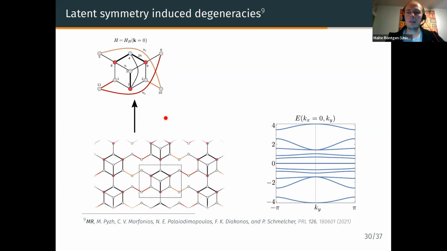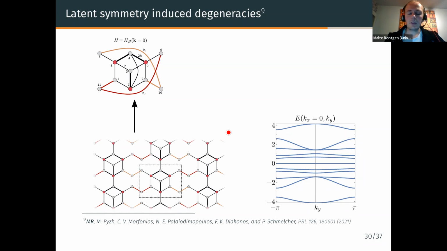Then we thought, oh yes, we could start from a lattice with a unit cell like this, and then if you go to the Bloch Hamiltonian, let's say evaluated at the crystal momentum k equals 0, the connections between different unit cells become these long-range couplings here. So you can get from something very nice to something very ugly.